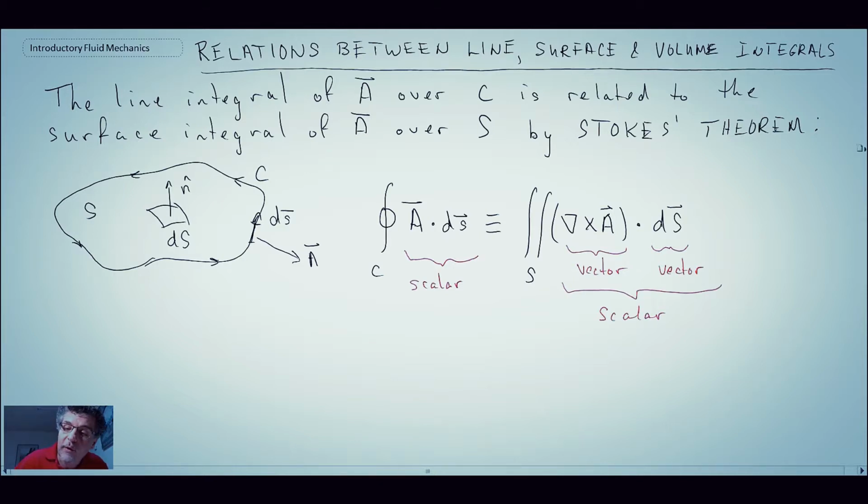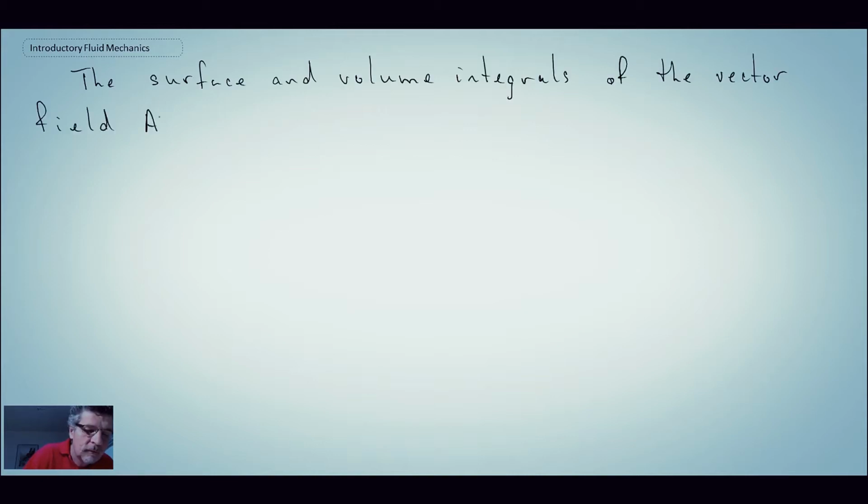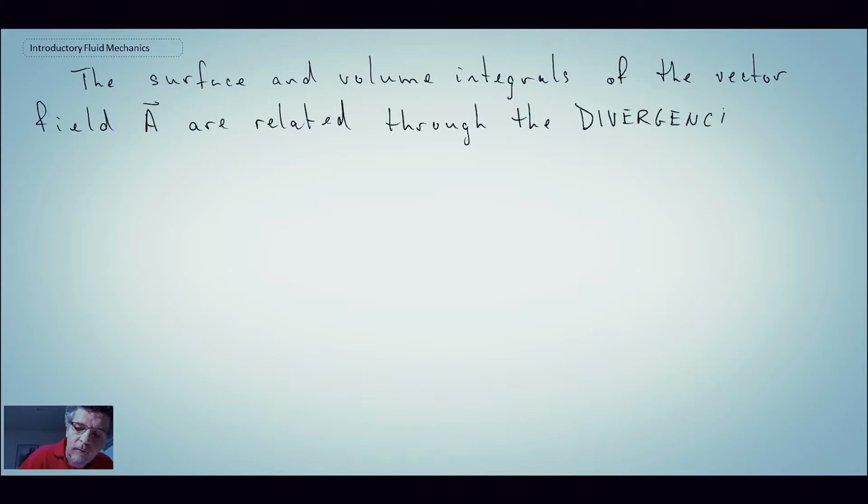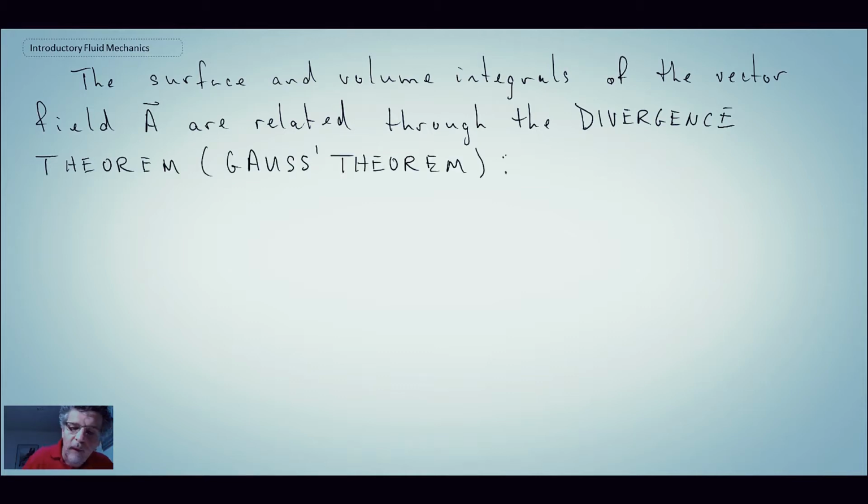The next one that we're going to take a look at is a relationship between a surface integral and a volume integral. So these are related, the surface and the volume integrals of our vector field A, through the divergence theorem, which is sometimes also called Gauss's theorem. And so let me draw out a schematic again of what we're looking at.